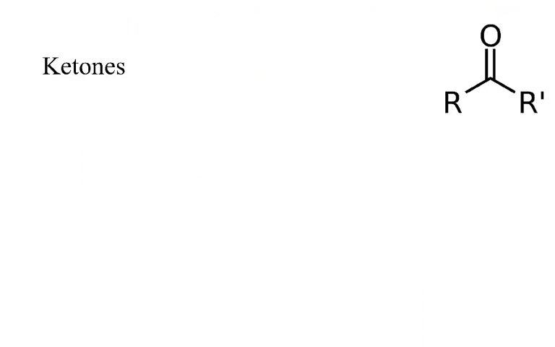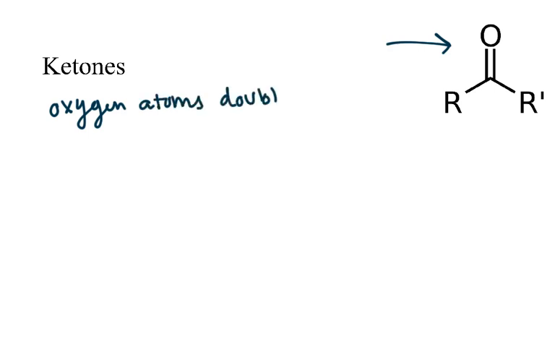So let's take a look at ketones. So ketones are oxygen atoms, double bonded. Notice the double bond right there. To a carbon, not at the end of the chain.